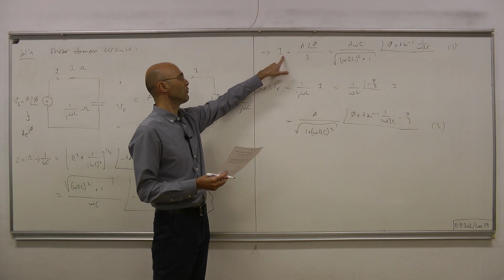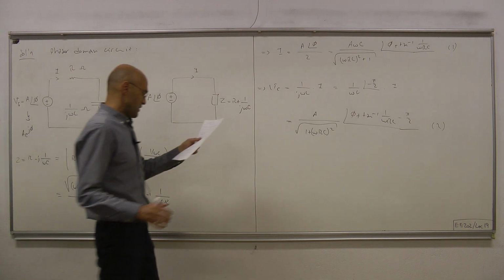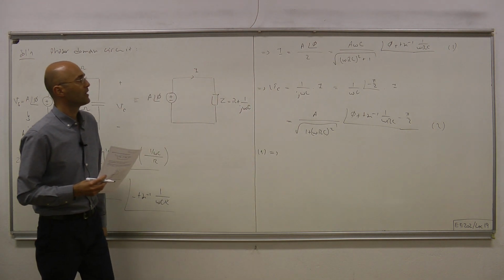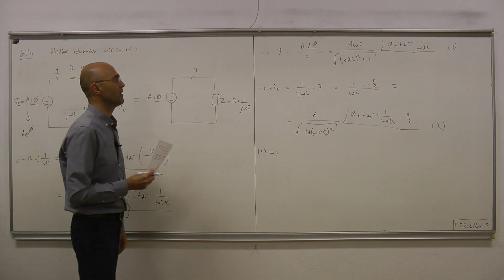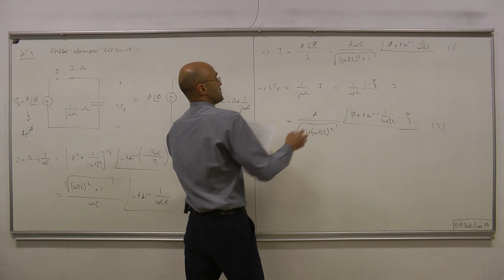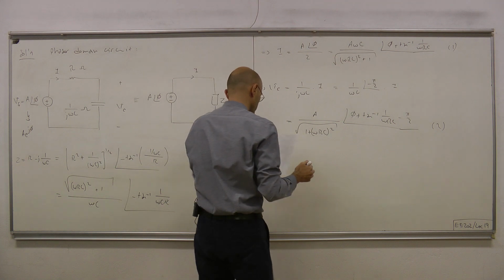Namely, we're going to write down I of t and Vc of t in time domain. And that's easy. One directly gives us the time domain I of t, which is a sinusoidal signal with amplitude written over there.